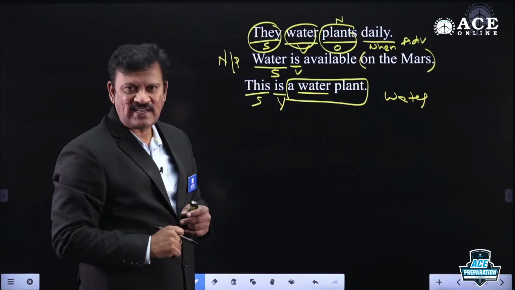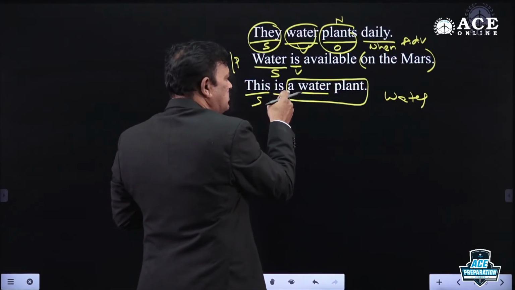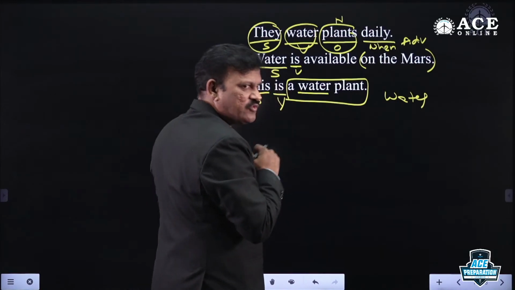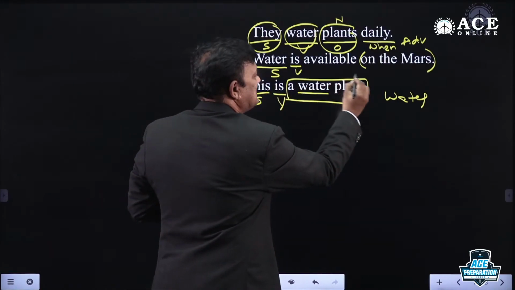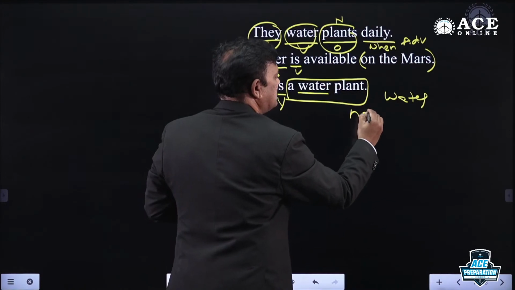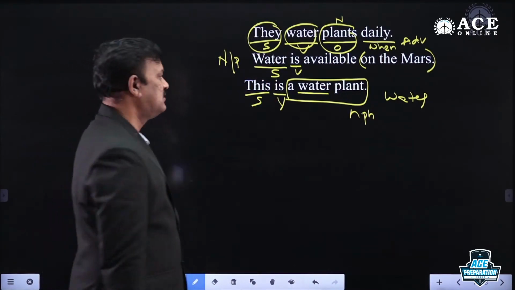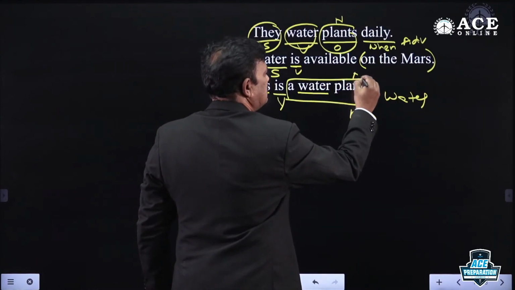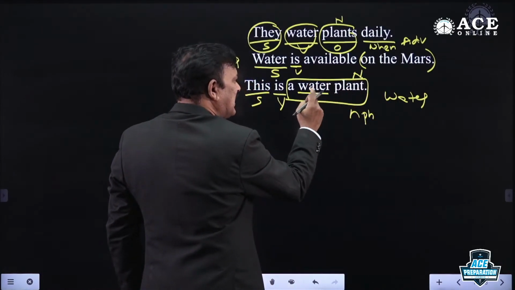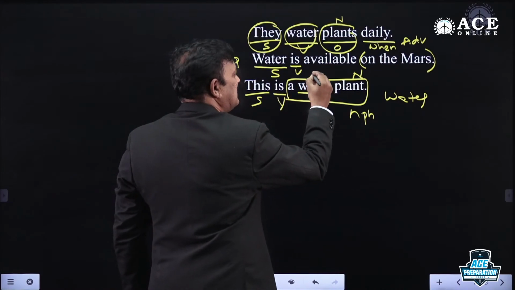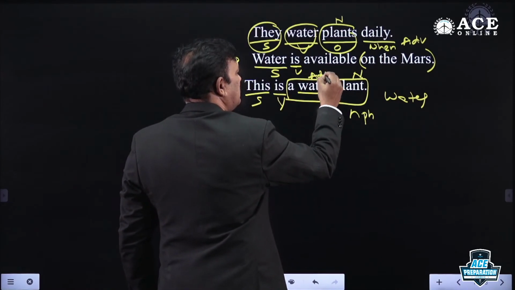Even if you did not get this, I said if you see an article, that is a signal that a noun phrase is beginning. So this is a noun phrase. In a noun phrase, the last word is the noun. The left side has adjectives.